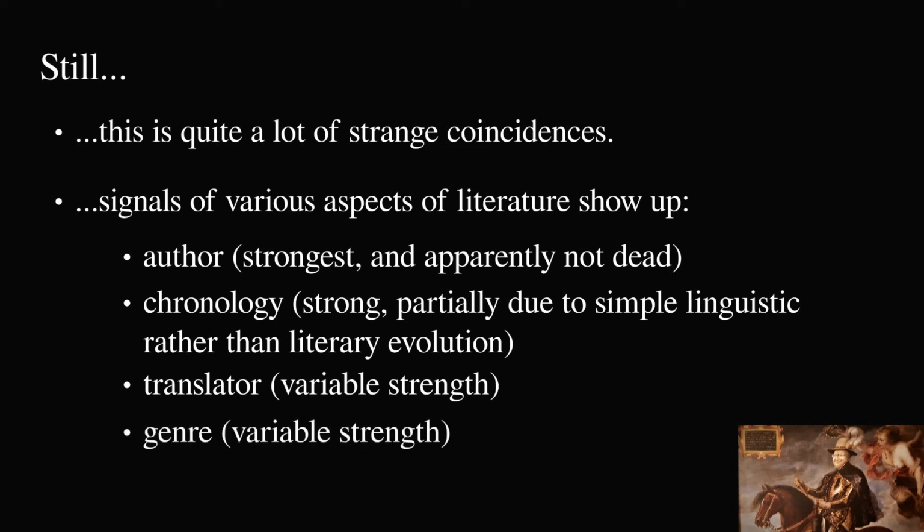Then there is genre, which has variable strength, and very often genre serves as the distorting factor when what you're really looking for is good, honest authorship attribution. And then there are other minor signals that can also appear, like theme, gender, family ties.